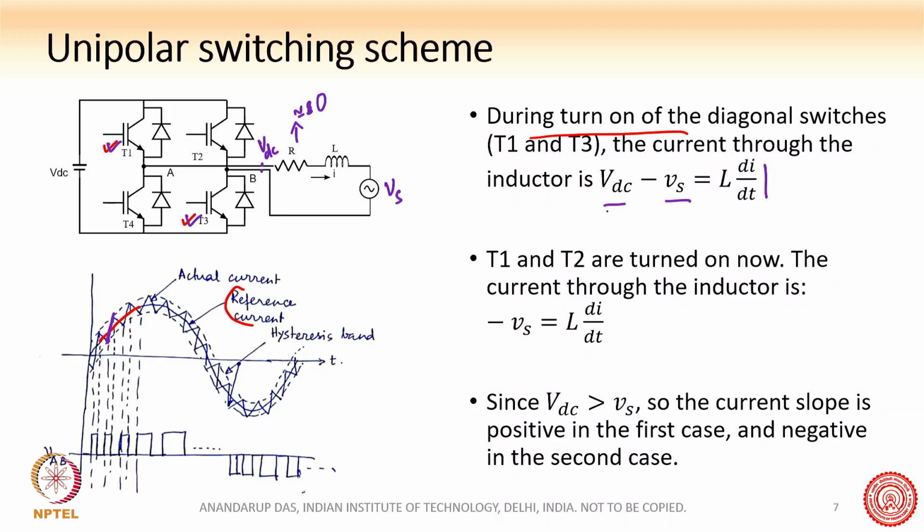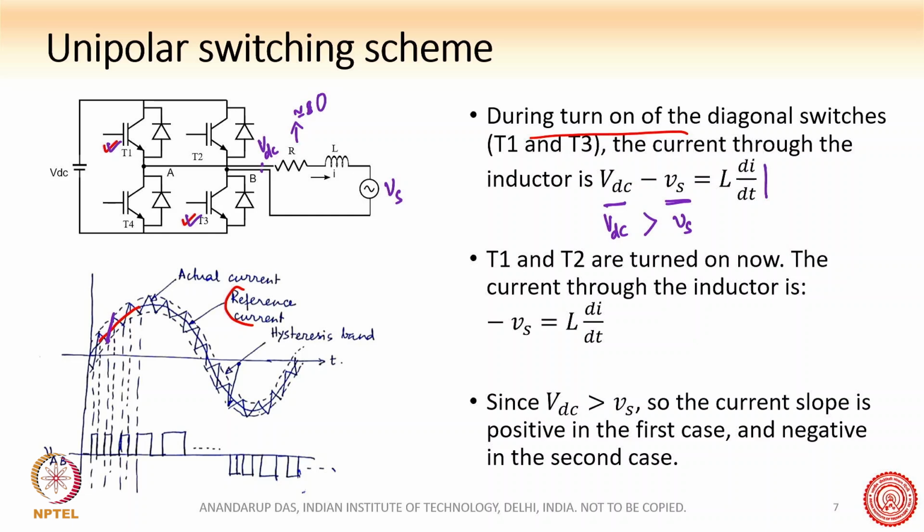So VDC minus VS is L di/dt. As I told you, VDC is always more than VS, always. The DC link magnitude is more than the peak of the AC voltage.